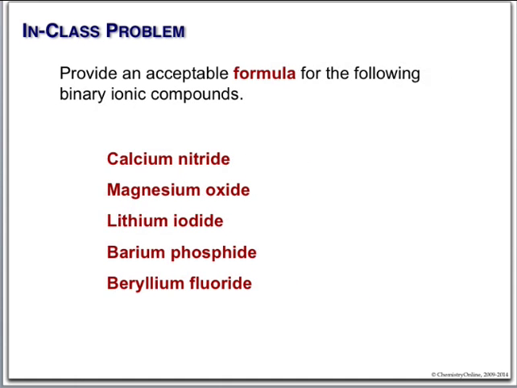in a minute. Now, as easy as it is to name something, because you don't have to worry about multipliers, if you go backwards with an ionic compound, you have to think. Go ahead and write the formula for these guys.